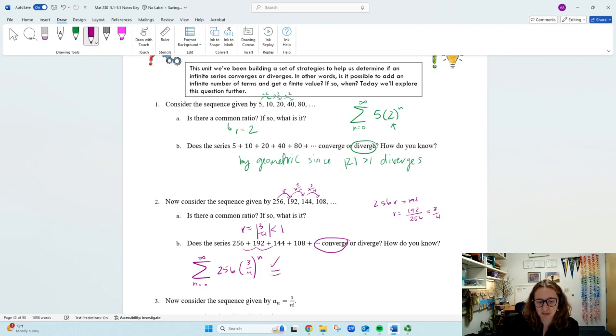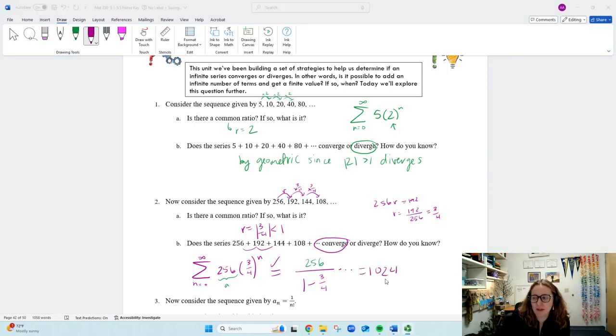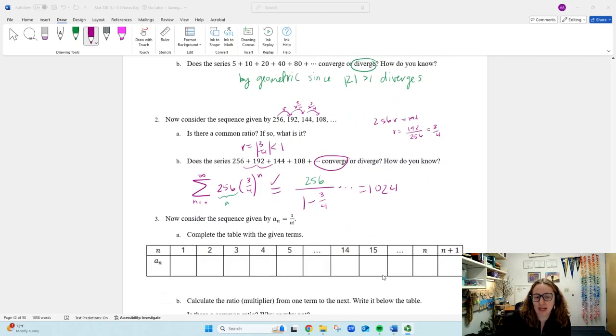Geometric series are awesome because I can do 1 minus my ratio, so 1 minus 3/4 on the bottom, and then here is my a value, so 256 is my a value up on top. And if I do that math, this will actually converge to 1024.